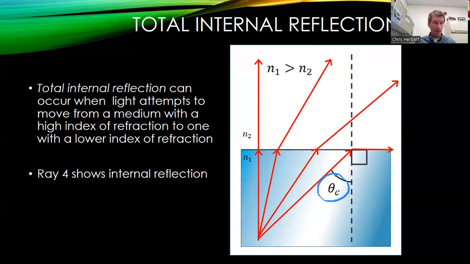And clearly, if my refracted ray is traveling at 90 degrees, it's not leaving the higher index material. It's going to remain trapped there. And really, this is talking about a ray that can't carry any energy out of the material.